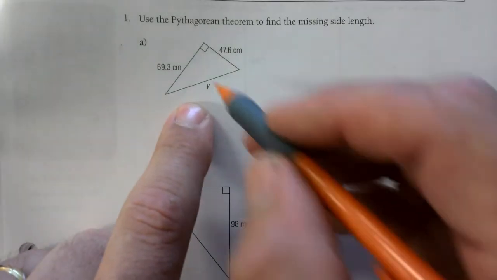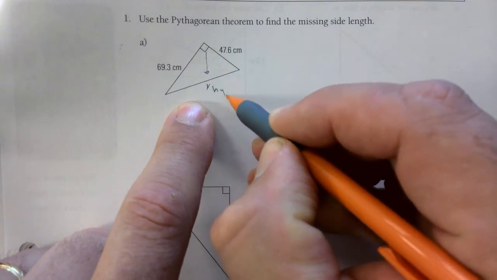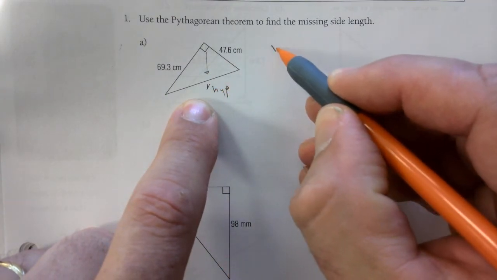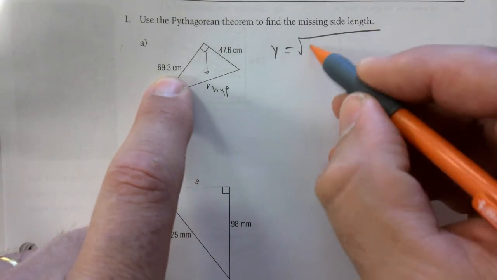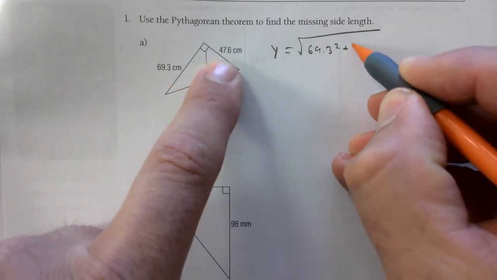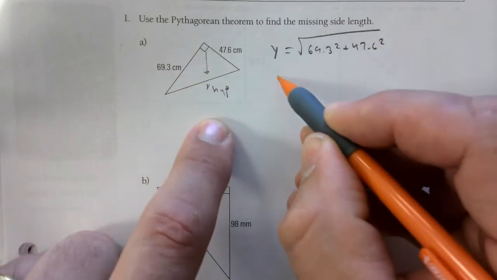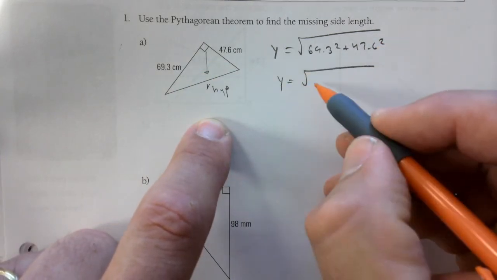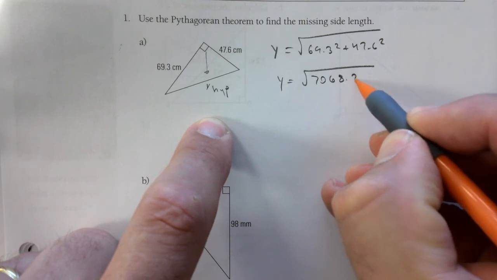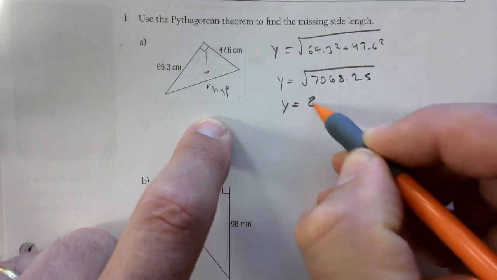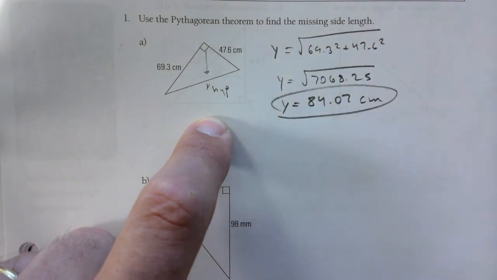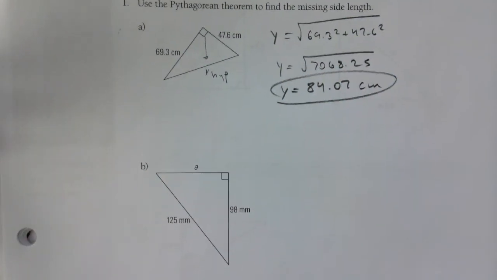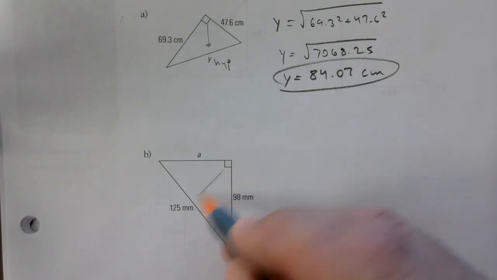Okay, just follow along. Hypotenuse missing, right? So y is really the square root of 69.3 squared plus 47.6 squared. So y is 84.07 centimeters. Okay. And then over here, the hypotenuse is there.